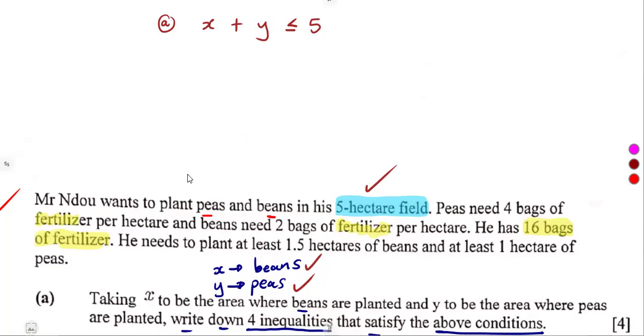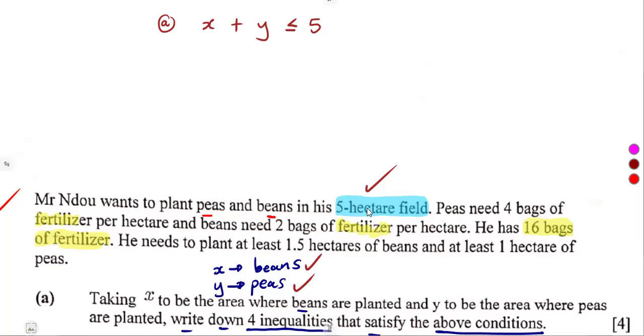You can plant the whole 5 hectares, or less than that. You cannot exceed the land you are given.